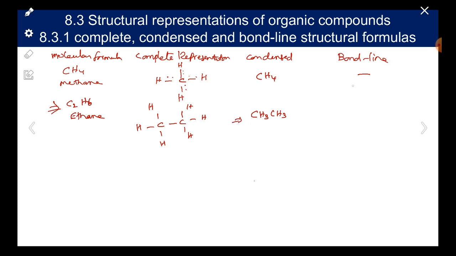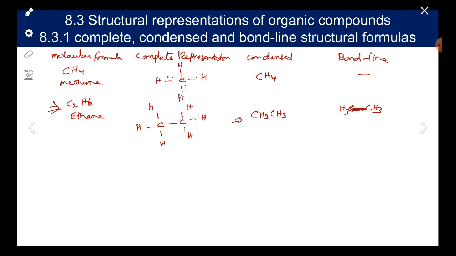And how to write the bond line structure? Okay, bond line structure for ethane is very simple. Write a simple dash. Okay, simple, very simple, you write a dash. Whenever you write a dash, it means that there are CH3 at each end.